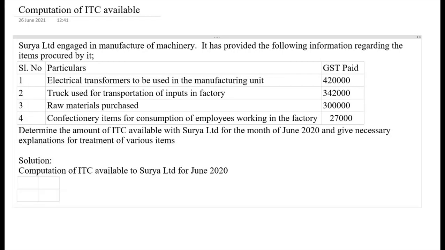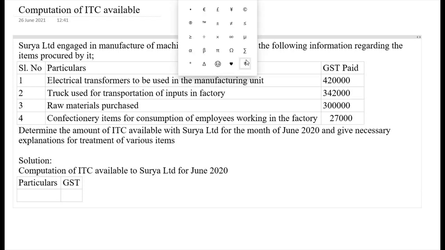Only 2 columns we require: particulars and amount of GST, GST in rupees, that's all. Let me insert the symbol of rupee here.